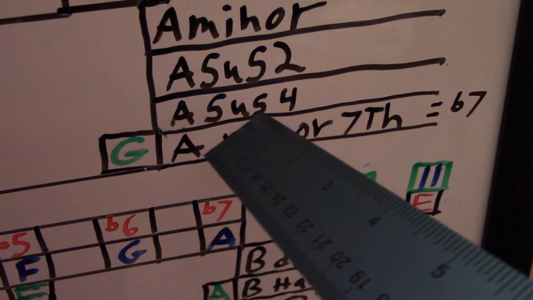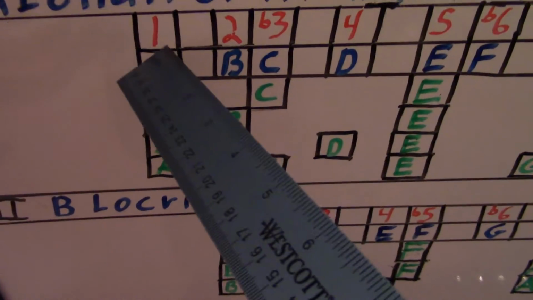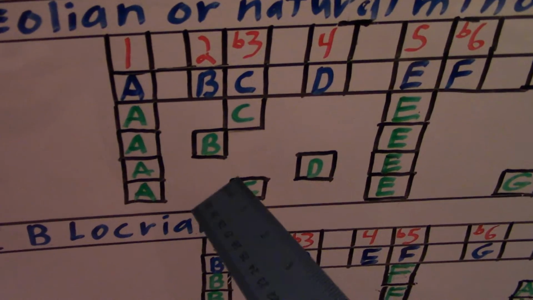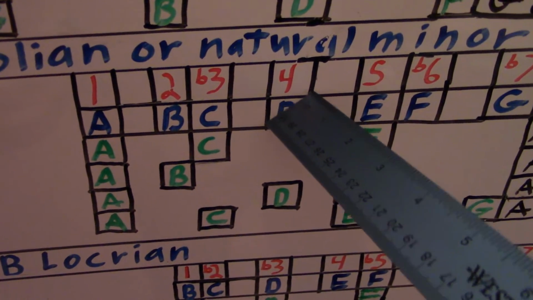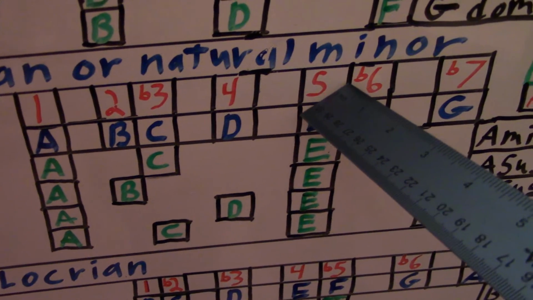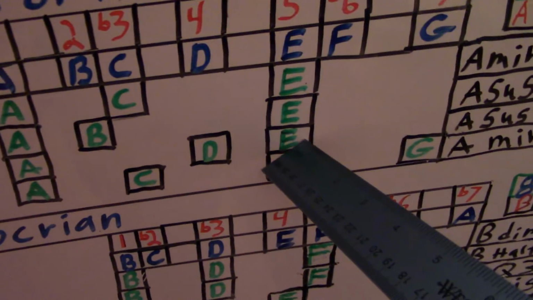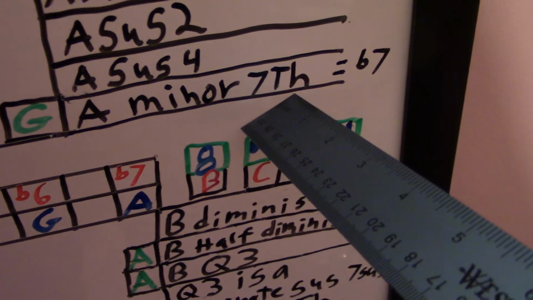Okay? If you were to go over here, A sus4, what is that? Here you have a root, fourth, and then a fifth, which is A, D, and E. If we were to go down here to A minor 7th, what is an A minor 7th?